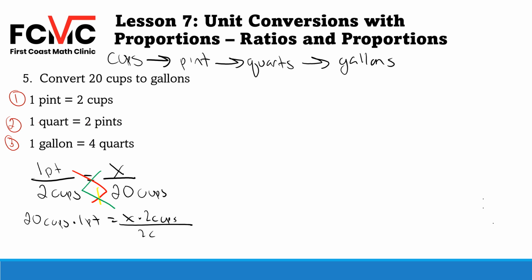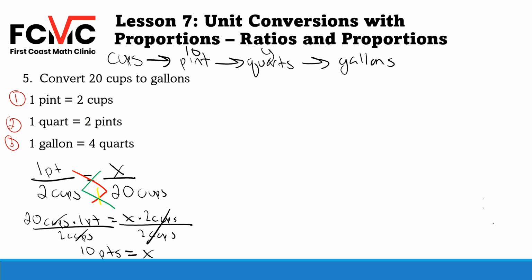Let's divide by 2 cups and 2 cups. 2 cups cancels out on the right. We can divide by cups, and we're going to get 20 divided by 2 is 10. So we're going to get 10 pints is equal to X. So 20 cups is equal to 10 pints. So we've got 10 pints there.